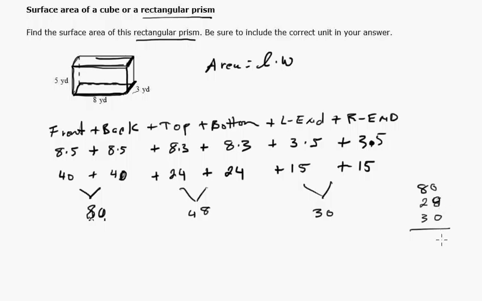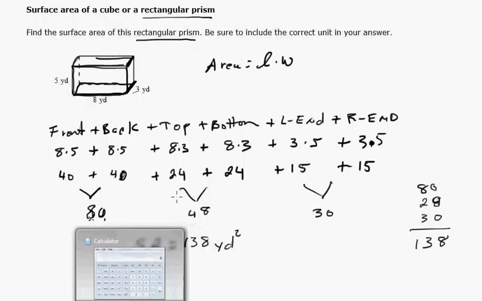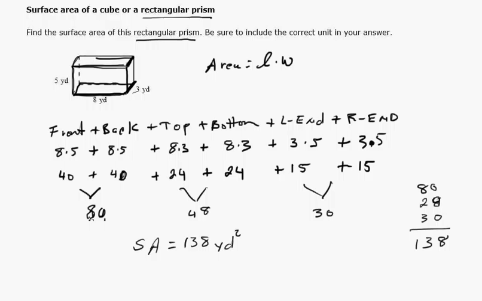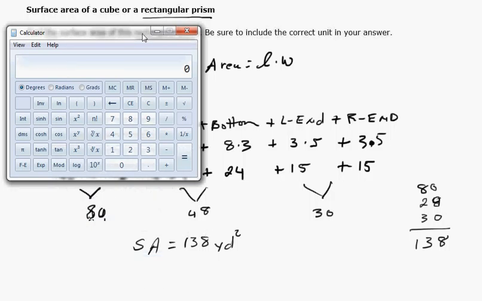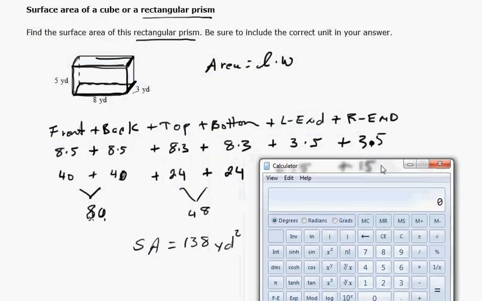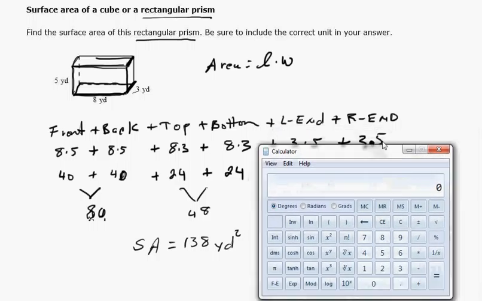So 8 plus 2 is 10, plus 3 more is 138. So surface area equals 138, and this time it's yards squared. It's a good idea to try to do calculations by hand, but at the same time there's nothing wrong with testing it. There are different ways of testing it.